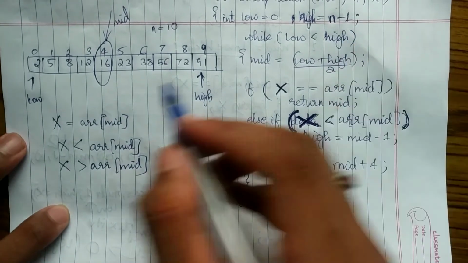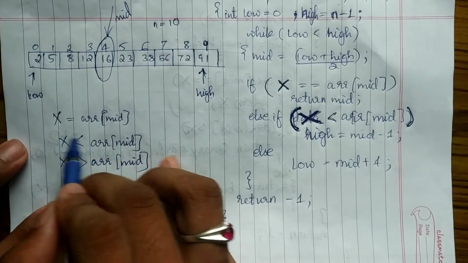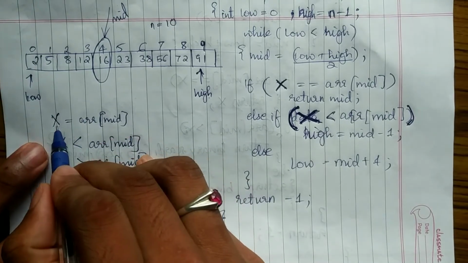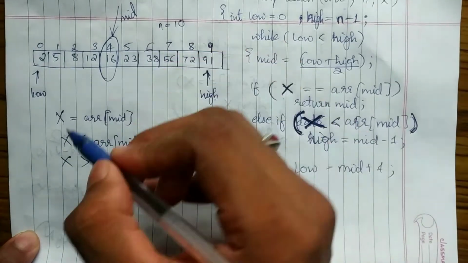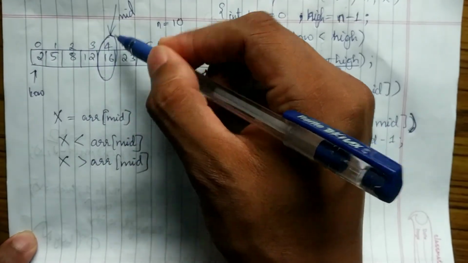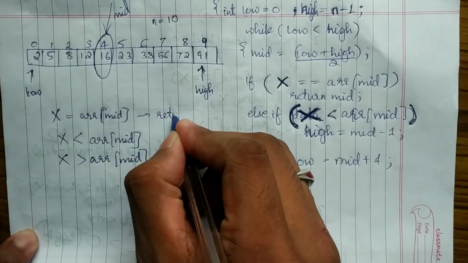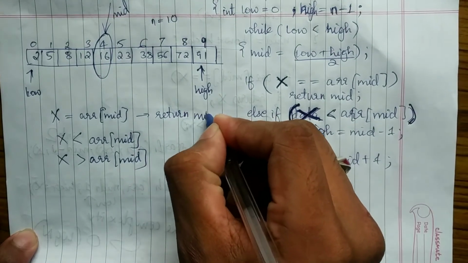So next we had considered 3 cases. That is, if the element to be searched is equal to the array of mid, what we'll do, we'll return the mid, right?